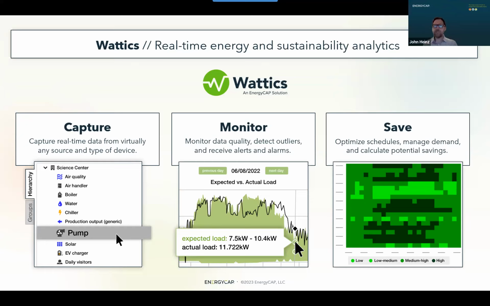It then monitors the data and can provide alarming and alerting if something is becoming an outlier or performing not as expected, and then helps you optimize savings. There are tools built into finding savings opportunities to run some what-if scenarios, but then using option B protocols to then verify the actual savings once you start implementing a project.